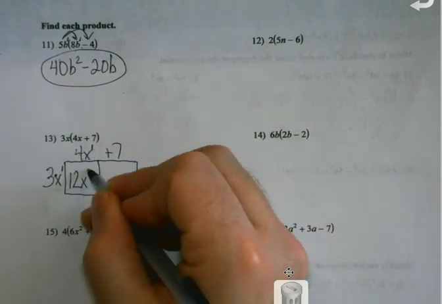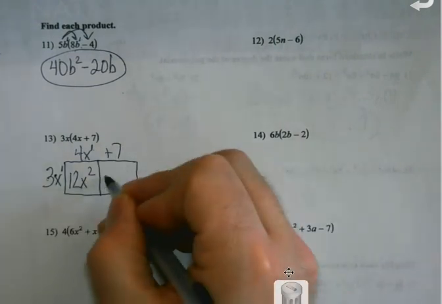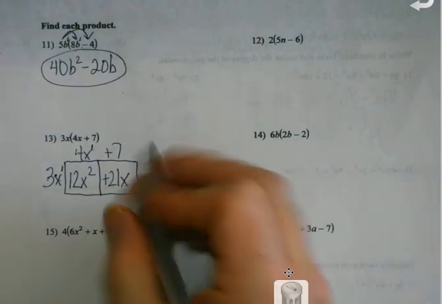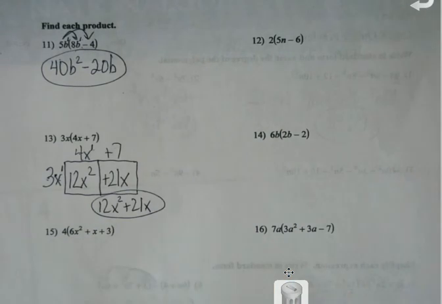That can be the tricky part. Remember my exponent rule. 3 times 7 is 21. And I put the x. And the cool thing is that one's ready to go just the way it is. They both work. I just got to make sure that I get it multiplied all the way through.